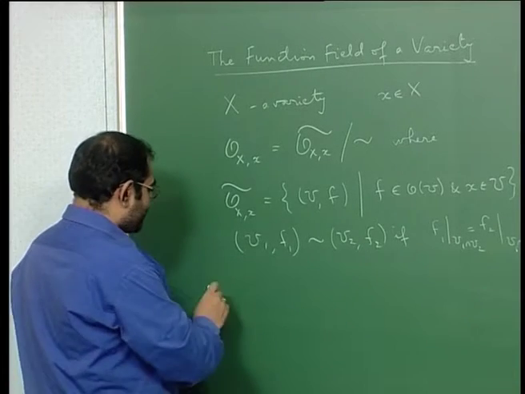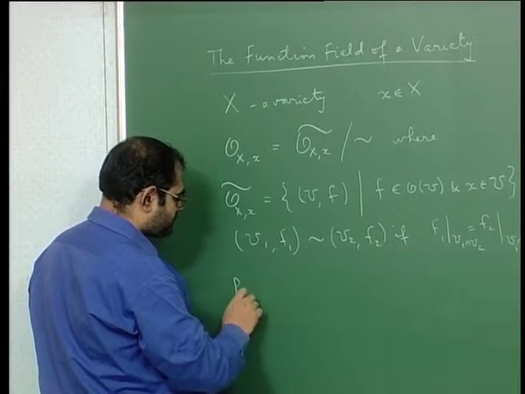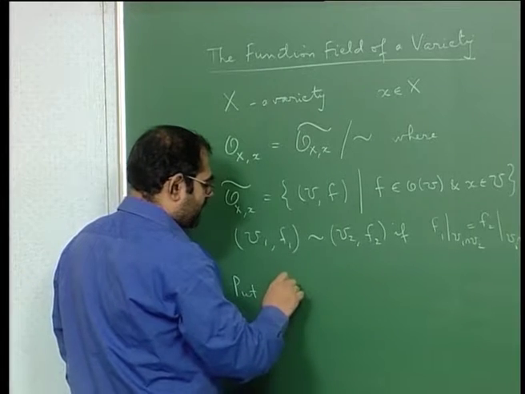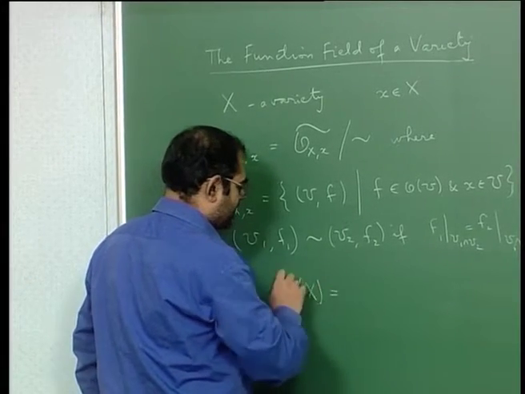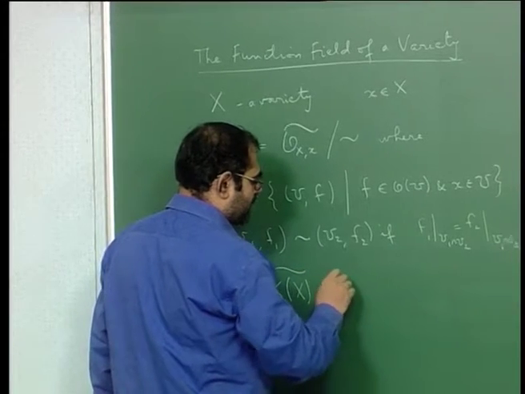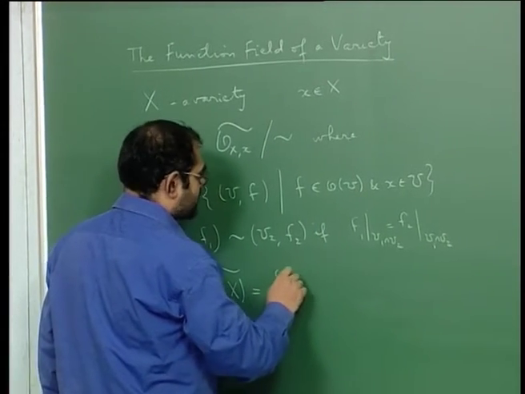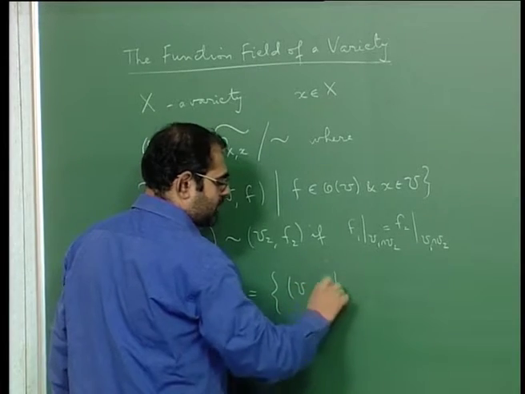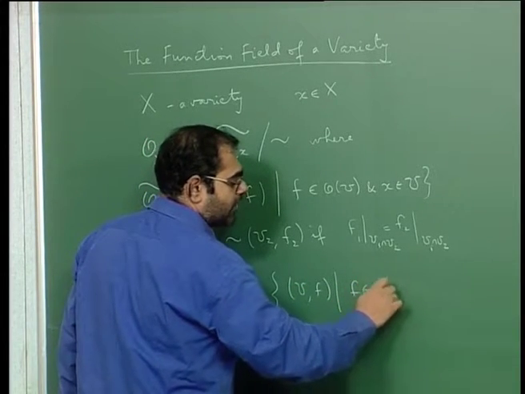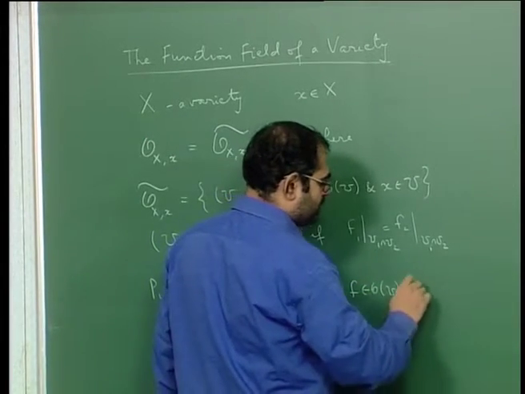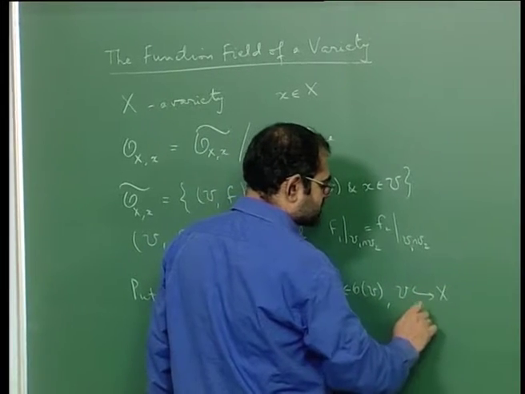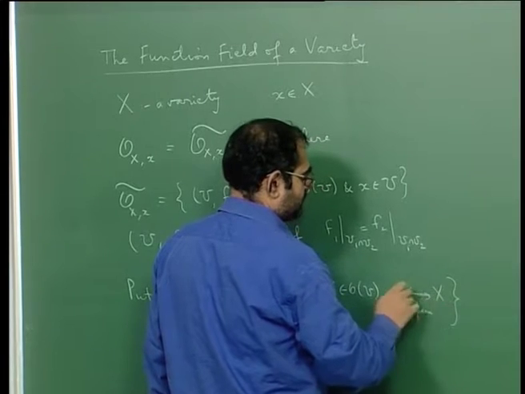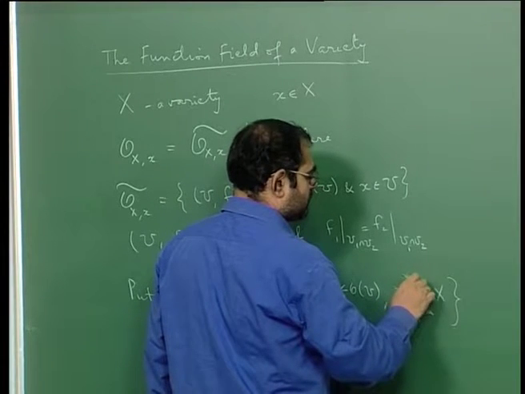So what you do is put K_X tilde to be the set of all pairs (U, f) such that f belongs to O(U), and now there is no restriction on U inside X as an open subset, non-empty.